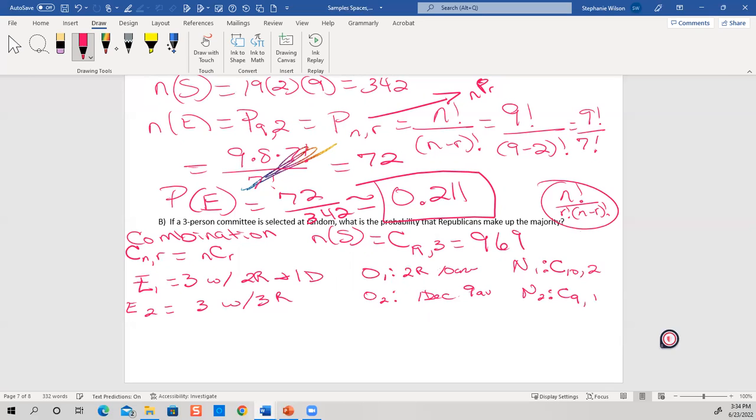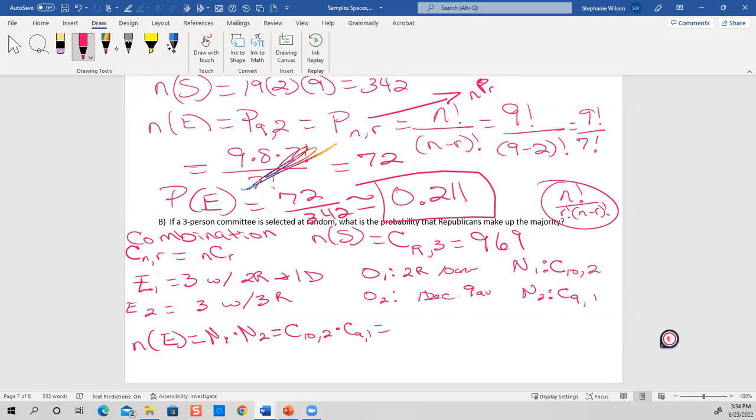Okay. So now let's do the math on this. We have the number of events from our N1 times our N2, which gives me C(10, 2) times C(9, 1). And I'm going to double check my math. We go back to our formula. We have 10 factorial over 2 factorial times 10 minus 2 all factorial.